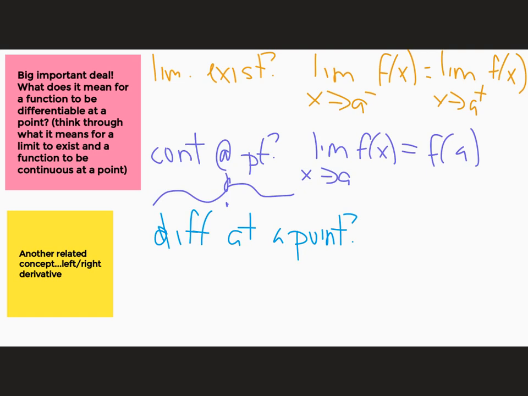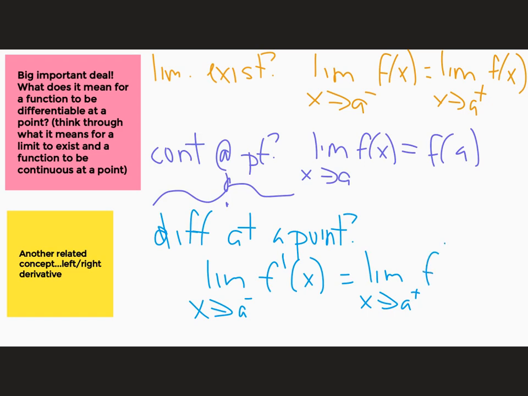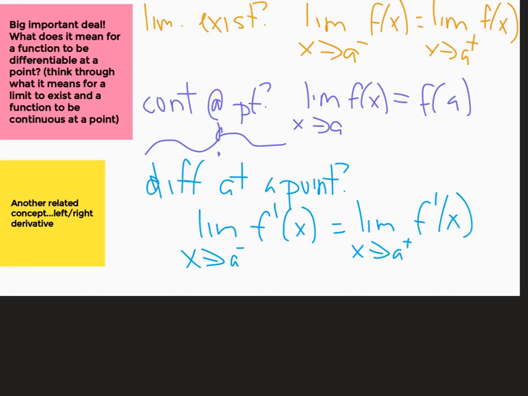Now for differentiability, well, let's see. For continuity, we need the limits to be the same on both sides. For differentiability, you need the limits to be the same, but the limits of what? The limit of the derivative. So I'm going to write that as f prime, which is simply a notation for the derivative. Right now, you are thinking of f prime as equal to the limit as h goes to 0 of f of x plus h minus f of x all over h.